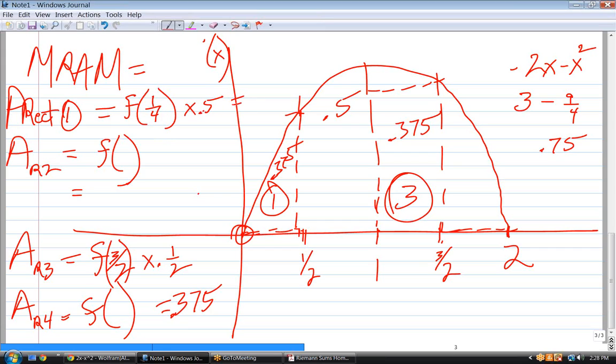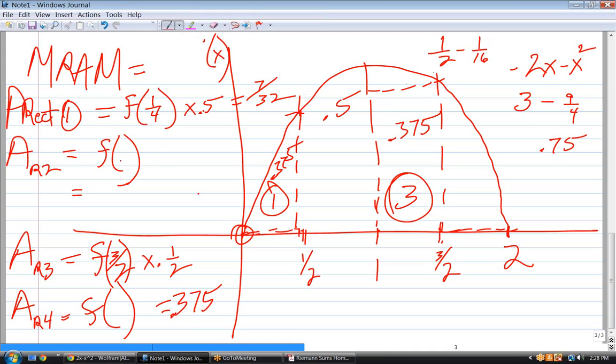Which is 1/4 times 2 is 1/2 minus 1/4 squared, which is 1/16. Did I do that right? That's 8/16 minus 1/16 is 7/16 times a half, 7/32.